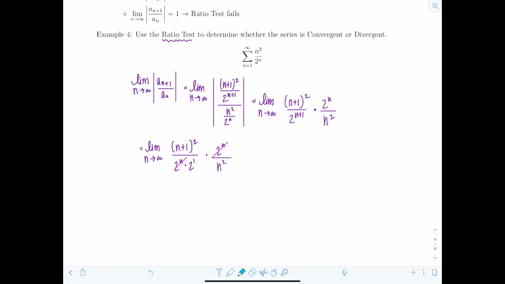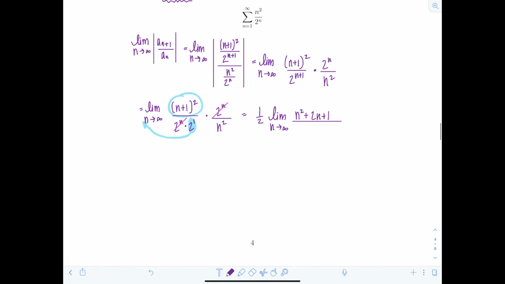And also notice I can take this 2 outside of my limit. It's just a constant. So I can rewrite what I have now as 1/2 times the limit as n approaches infinity of n plus 1 quantity squared, which I can expand into n squared plus 2n plus 1, and then all I'm left with in the denominator is this n squared.